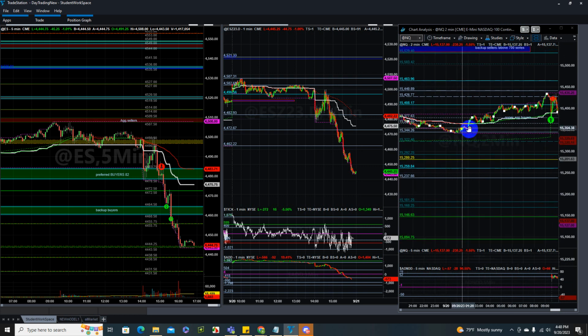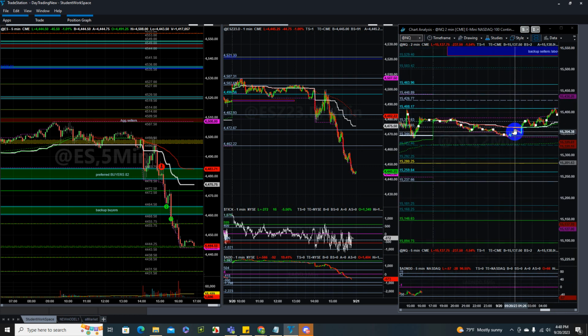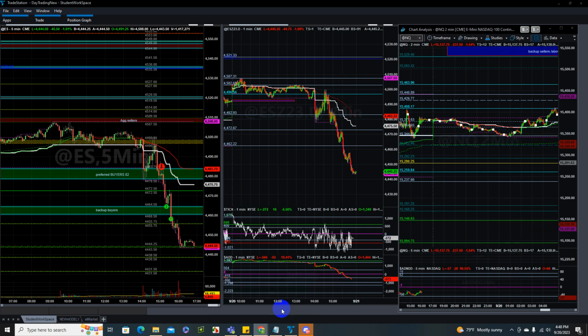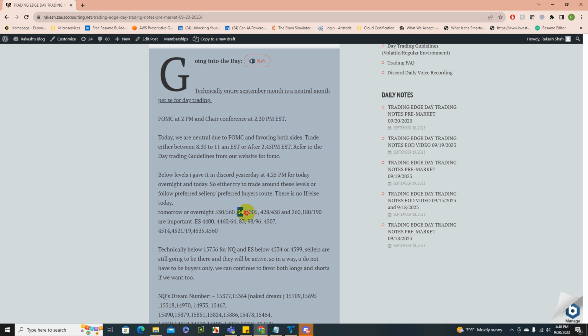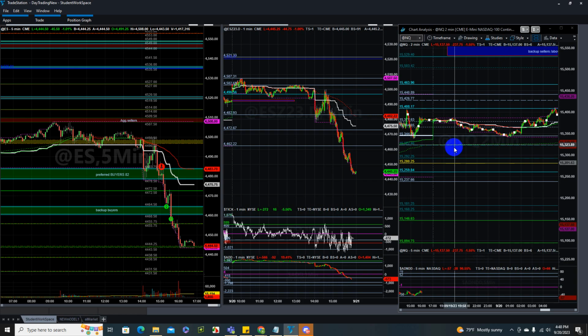So if you look at overnight price action, yesterday I said 344, these levels are important. Yesterday it came to our level in the overnight. 345 overnight, and today RTH, 345, correct? 83. Now look at the beauty of these levels which I gave yesterday for overnight and RTH.